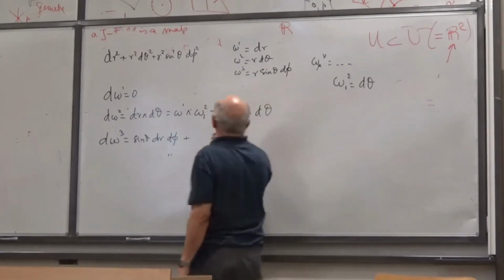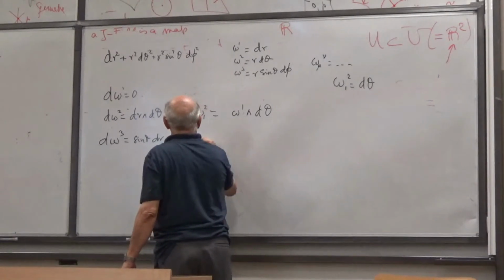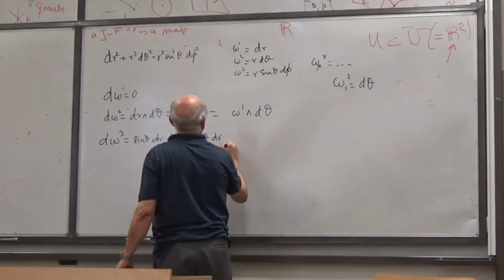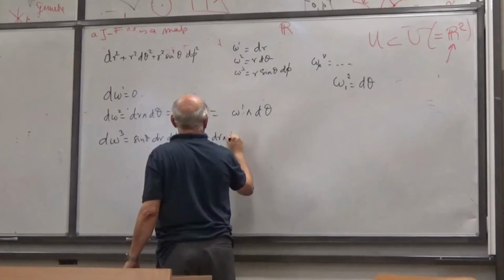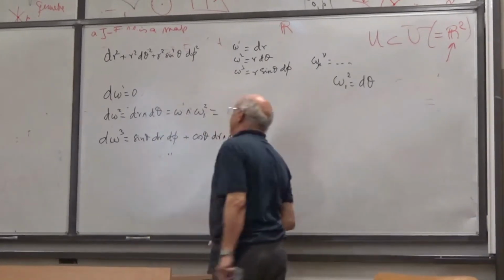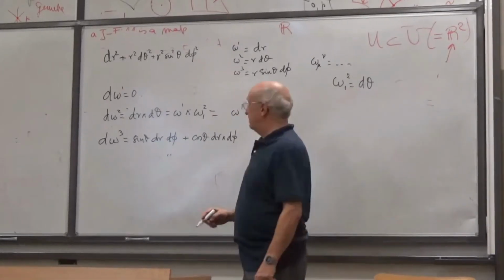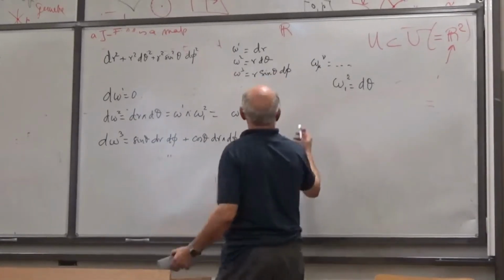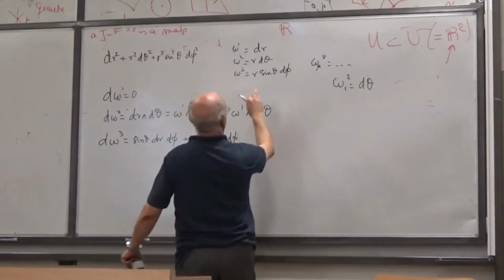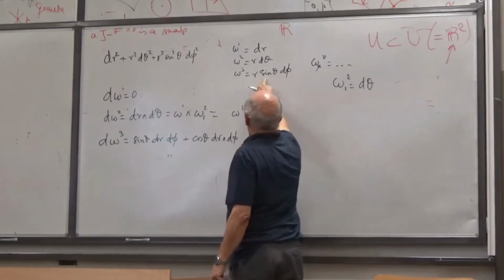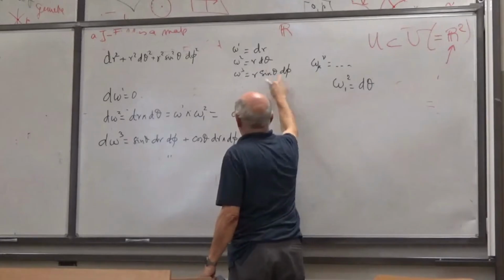So it is going to be cosine theta dr d phi, and then the first is r cosine theta d theta d phi.